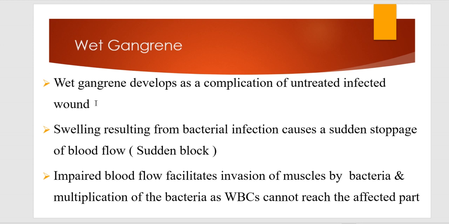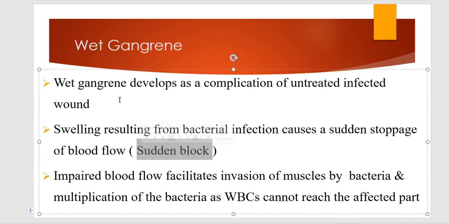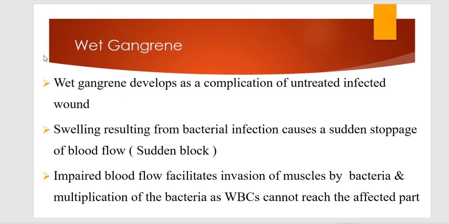They're having neuropathy also, and sometimes diabetic or old age patients have an injury in the foot area and are unaware of that injury, and that untreated infected wound usually lands up in a wet gangrene type of situation. Swelling resulting from bacterial infection causes a sudden stoppage of blood flow, a sudden block. Remember this term, sudden block. Sudden block means wet gangrene, right?